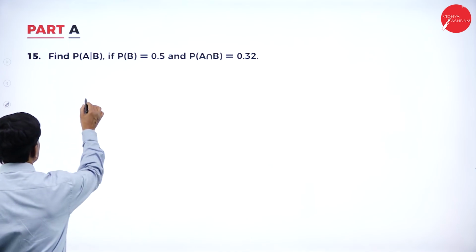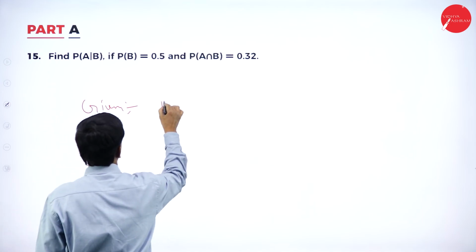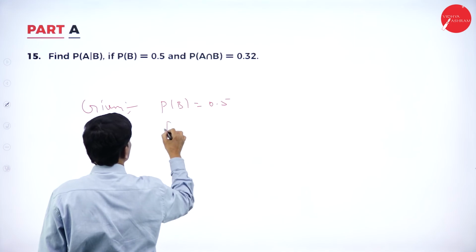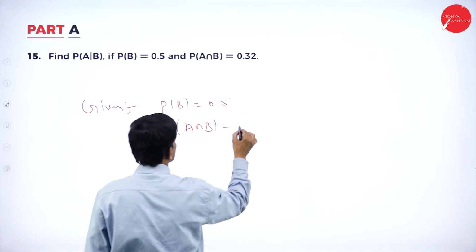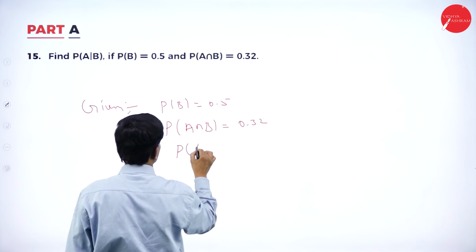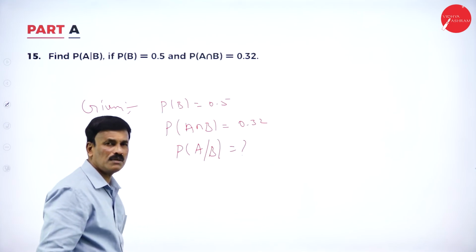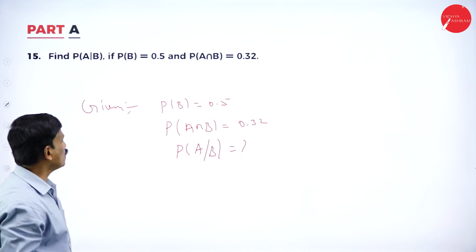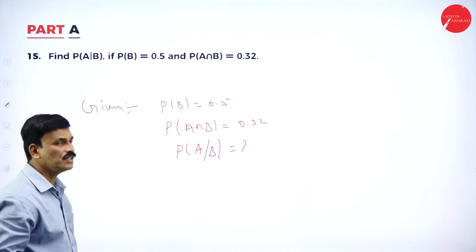Now what is given here? Probability of B is given, 0.5, and probability of A intersection B, A and B, is given, that is 0.32. What is required is the probability of A by B, probability of A when B has occurred.